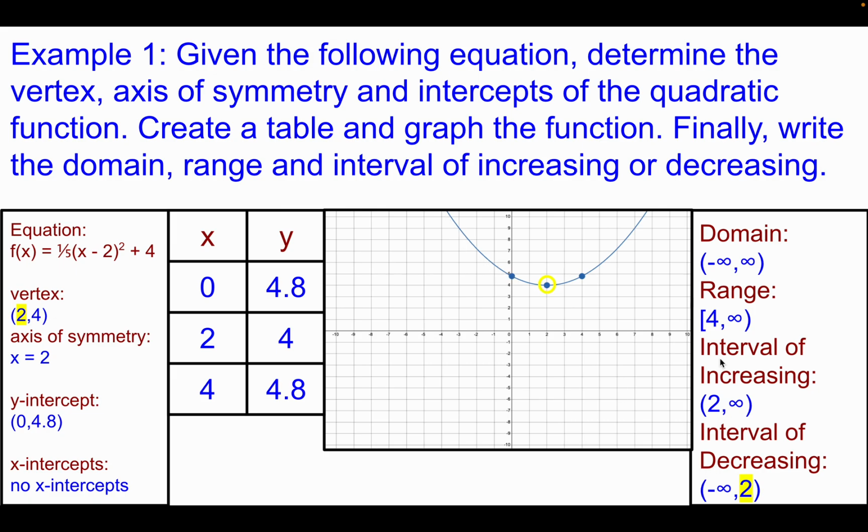Now just a reminder, I'm using the bracket with the range because the output is allowed to equal 4. I'm using the parenthesis with the interval of increasing and decreasing. My reasoning for that is because the function itself isn't actually increasing or decreasing at the vertex. At the vertex, you can think of it like not moving up or down.